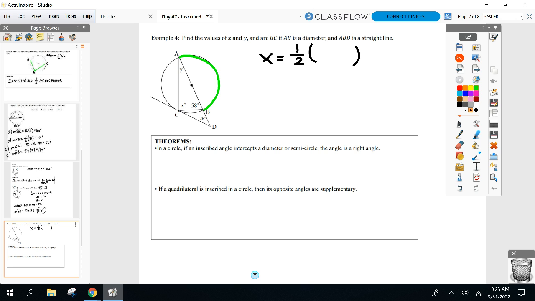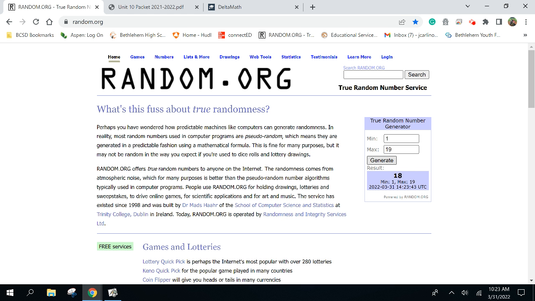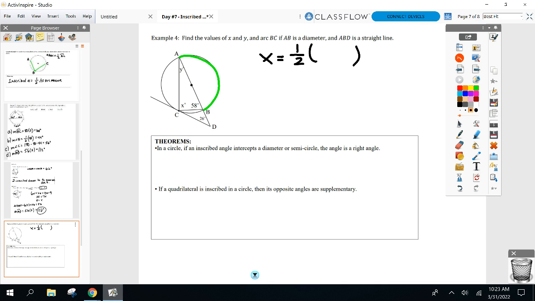Diameter, half a circle. Semicircle. Semicircles measure how much? 180. So I'm going to take half of 180. Everyone's all right where the 180 is coming from. That's drawn to half a circle. So yes, angle x is a 90-degree angle.